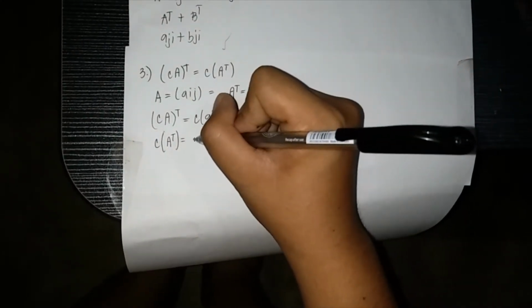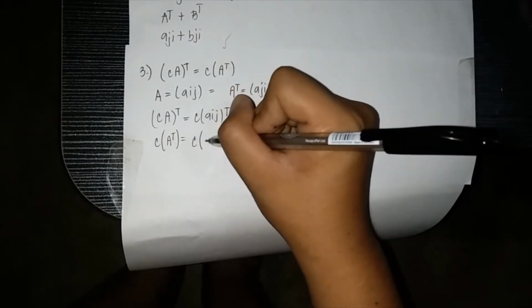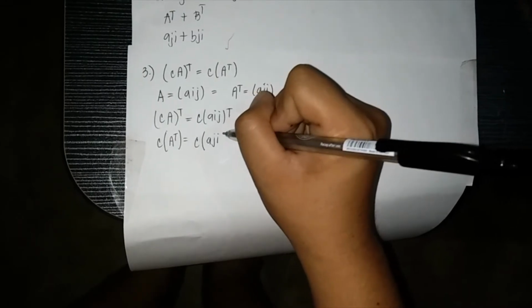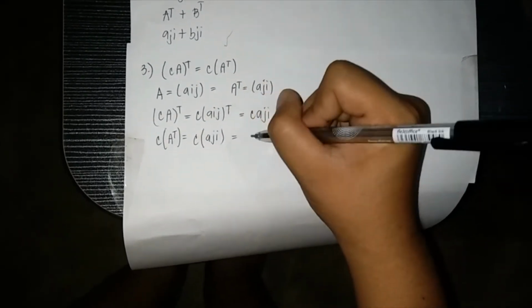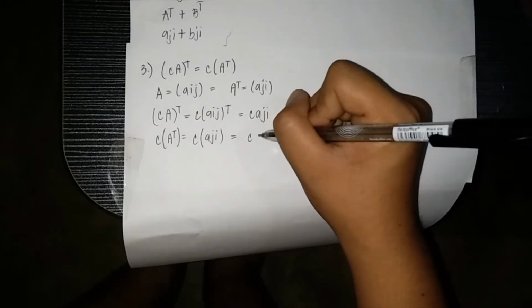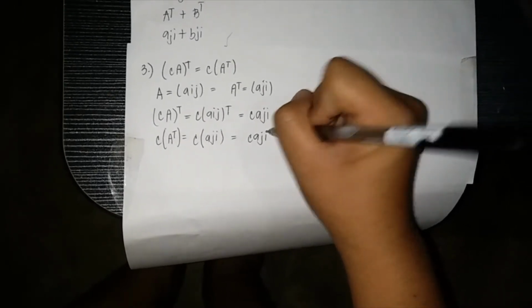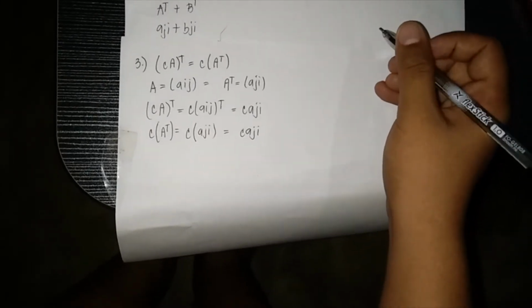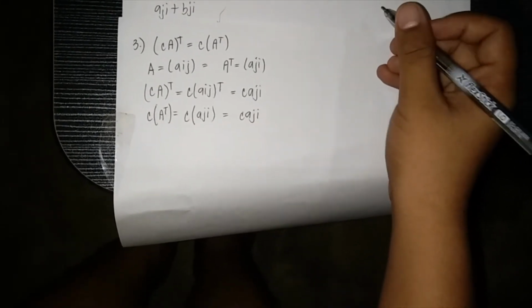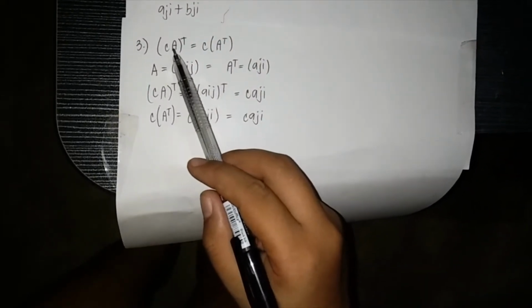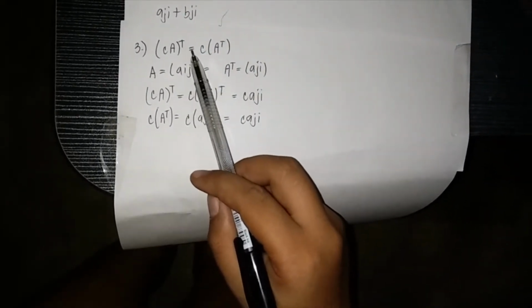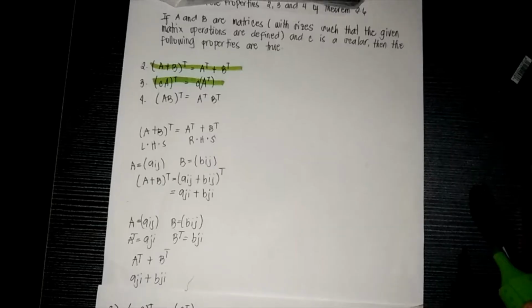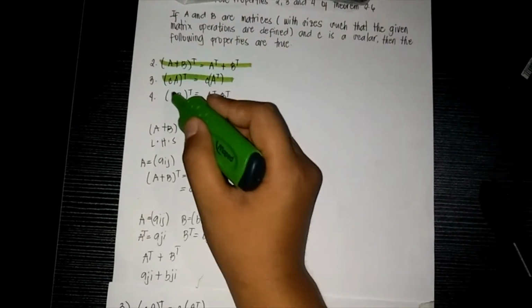So C times Aji is just equal to C Aji, and that's all. Therefore we conclude that (CA) transpose is equal to C A transpose.